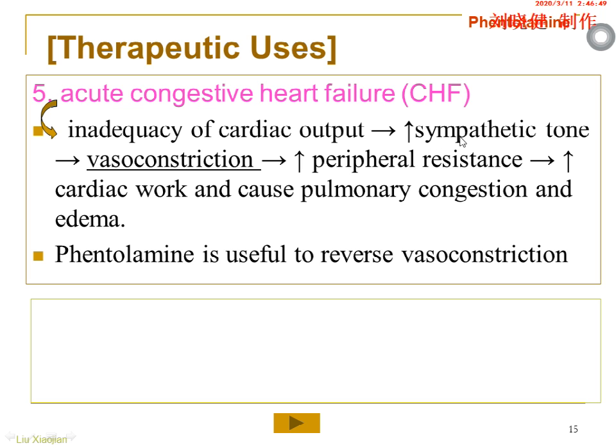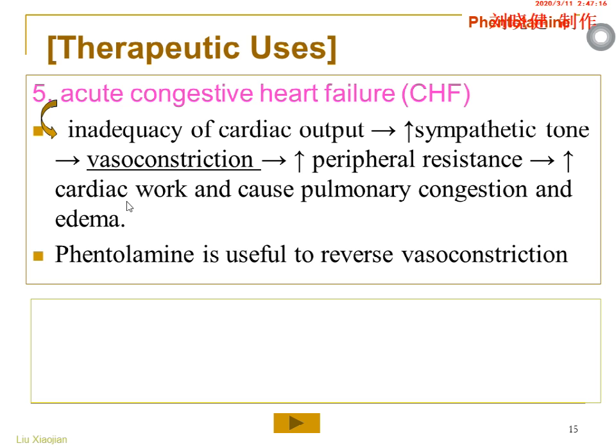So epinephrine released from sympathetic nerve fibers can induce vasoconstriction, so increased peripheral resistance. For the heart, increased peripheral resistance means increased cardiac work, increased preload and afterload.